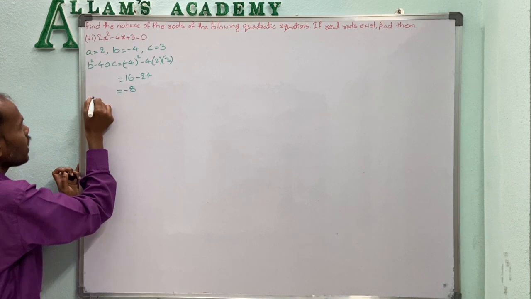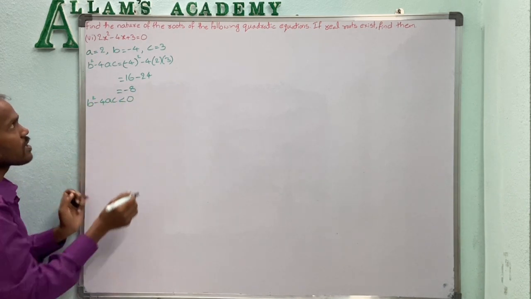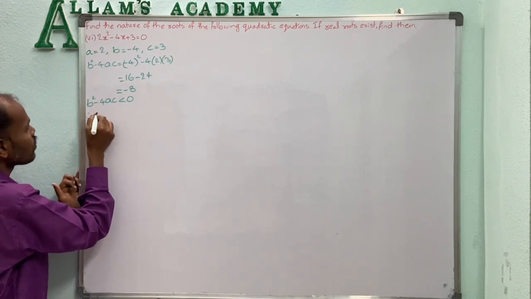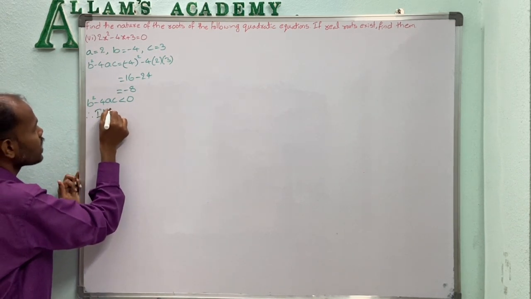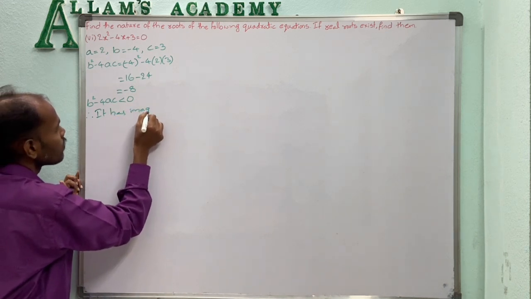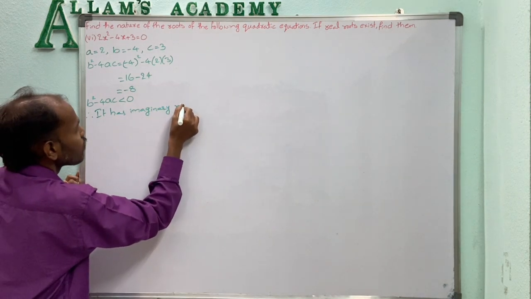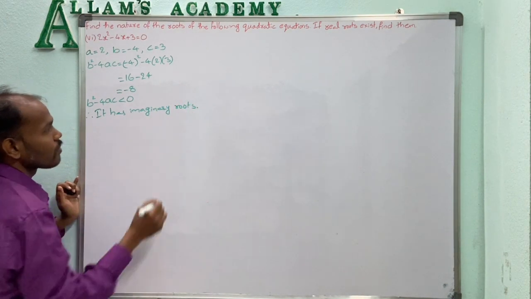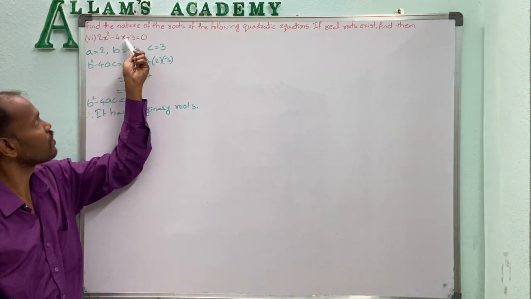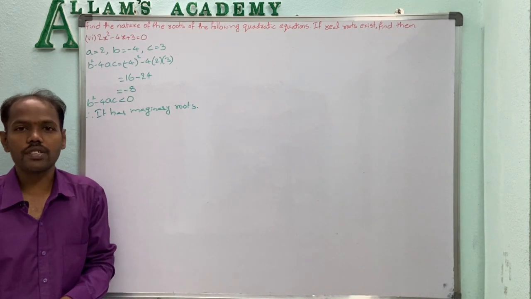So b square minus 4ac is less than 0. That means the zeros are imaginary. So the quadratic equation 2x square minus 4x plus 3 equal to 0 has imaginary roots.